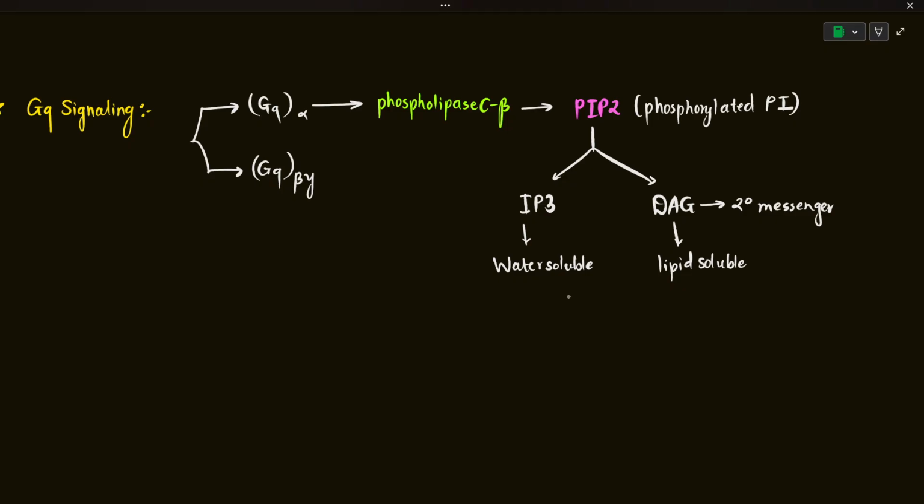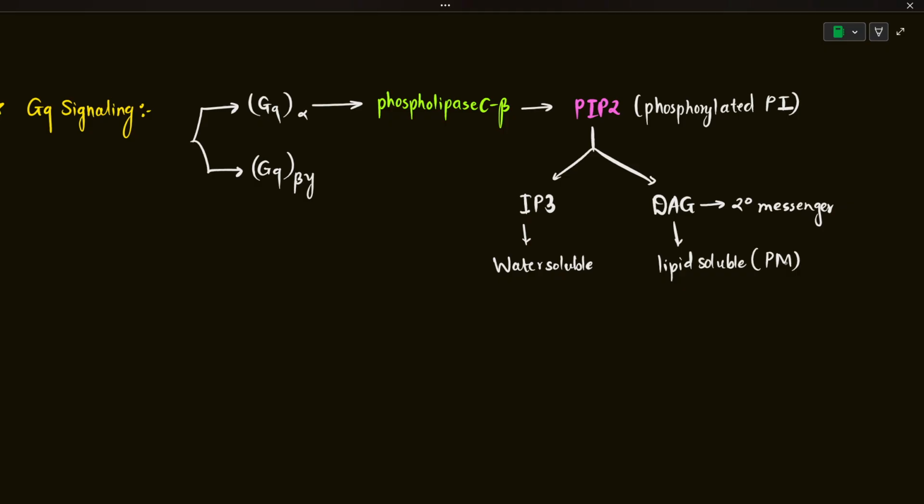It is cleaving, severing, chopping off PIP2. When it breaks the PIP2, the lipid soluble part stays in the plasma membrane. It is the diacylglycerol. Diacylglycerol being lipid soluble stays in the plasma membrane, and the other part, which is water soluble, which is chopped off from PIP2, just gets released inside the cytoplasm.